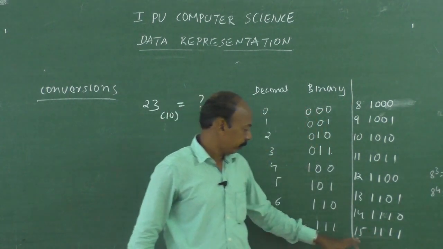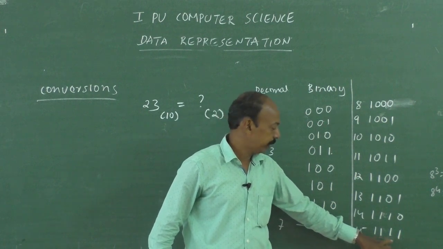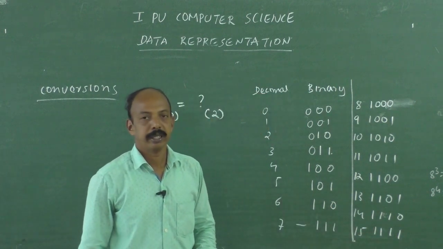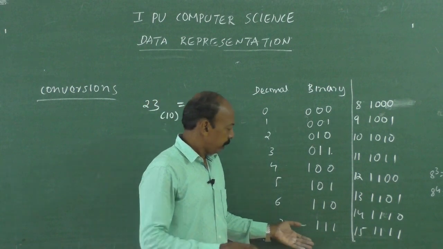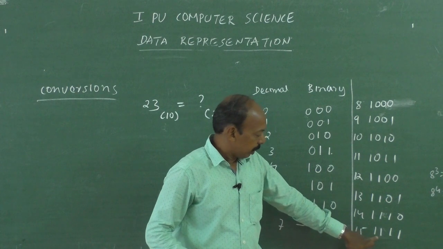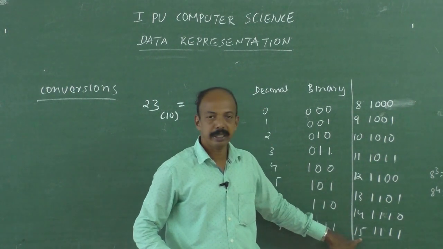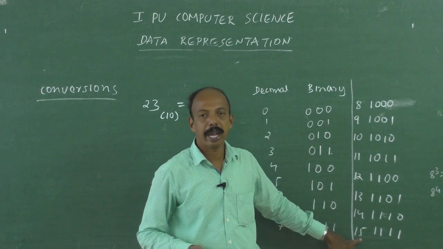See, once we have reached 15, with respect to 4 bits, all possibilities we have written. That's why whenever we are going from 0 to 15, it's possible to represent with 4 bits. But beyond 15, one more extra bit we have to add.